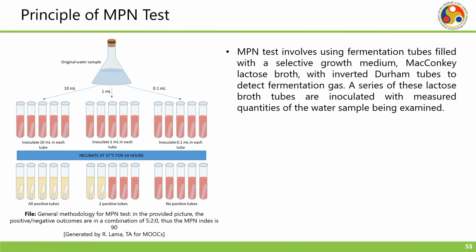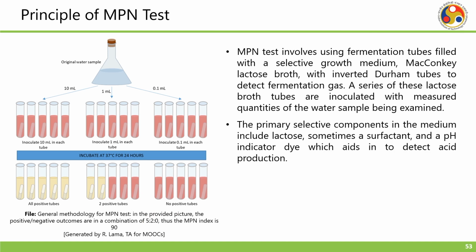So, here we have all positive tubes, here we have say 2 positive tubes, and here we do not have, for example, no positive tubes. So, the positive negative outcome is a combination of 5:2:0, thus the MPN index will be 90. We will further see how this is being done.